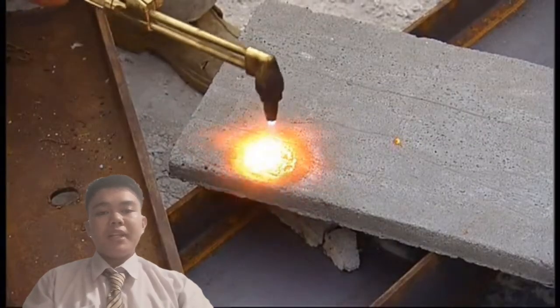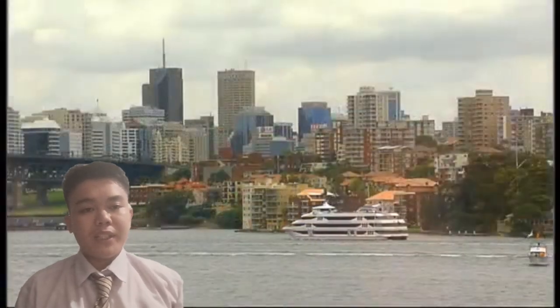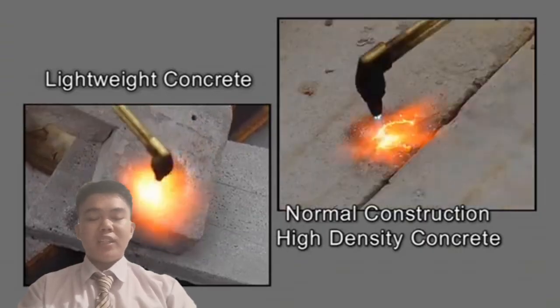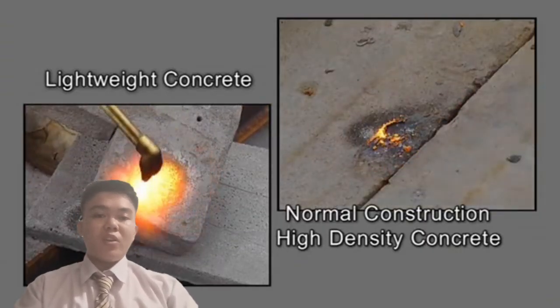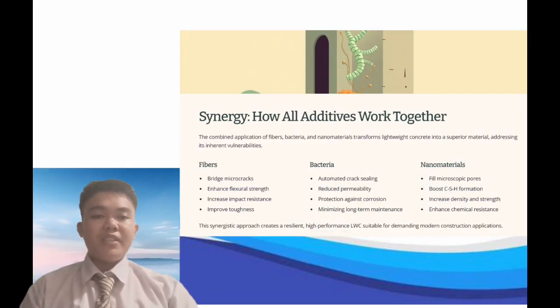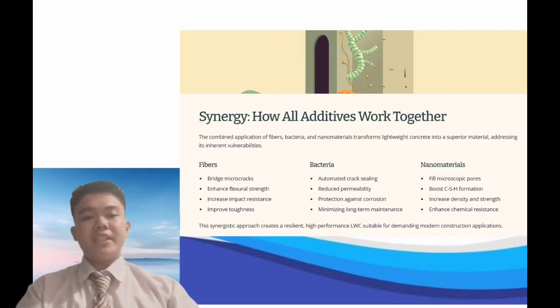The fibers, bacteria, and nanomaterials each play a vital role in enhancing the performance of lightweight concrete, compensating for its naturally higher porosity and lower strength compared to normal concrete. When incorporated correctly, these advanced materials significantly improve the concrete's mechanical, durability, and functional properties, though they may slightly reduce workability due to increased viscosity and particle interactions.